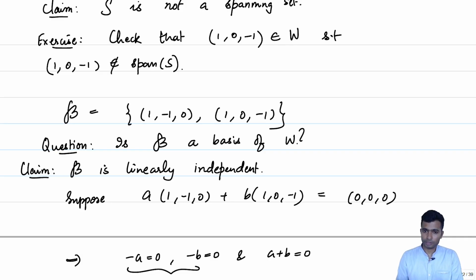If you notice carefully, there was nothing unique about the choices we made. We could have started off with 2, -2, 0 or 2, 3, -5, something like that, and done the same procedure, and maybe we would have ended up with a basis.